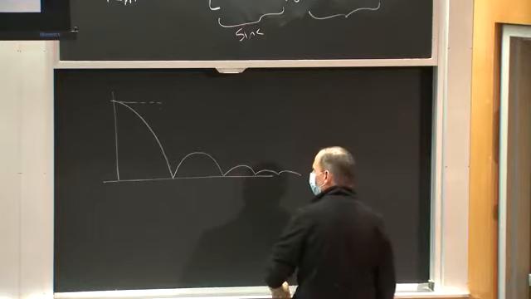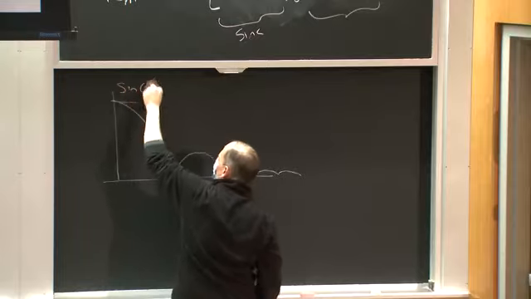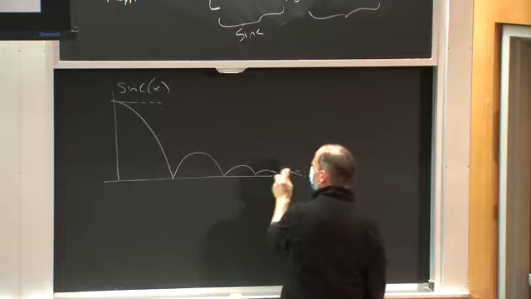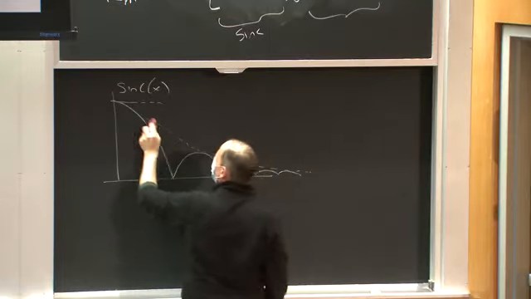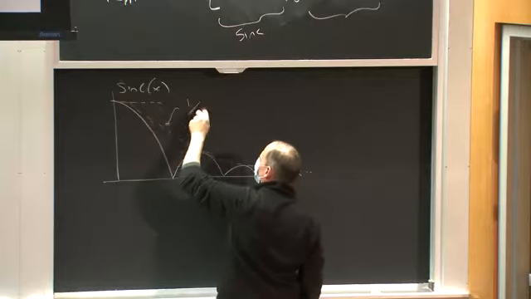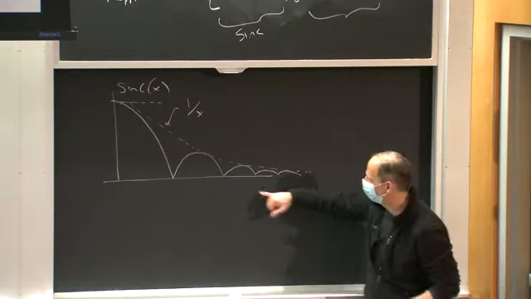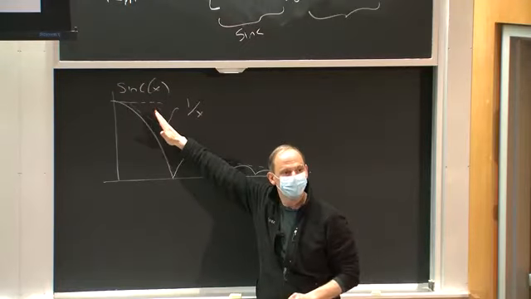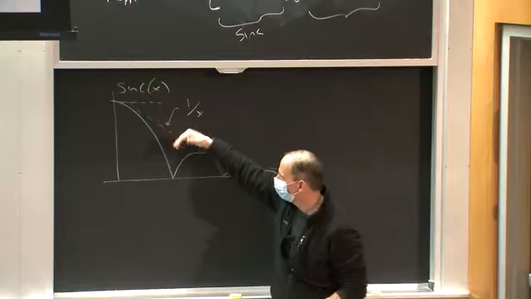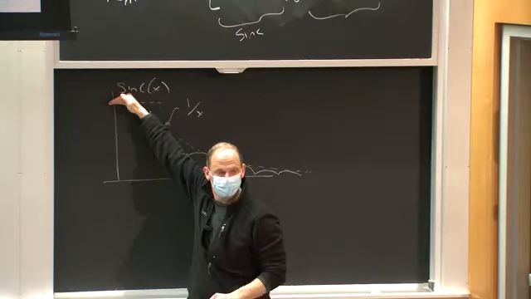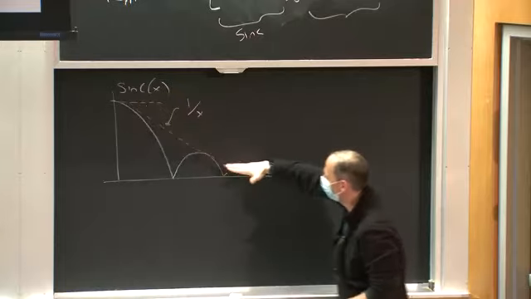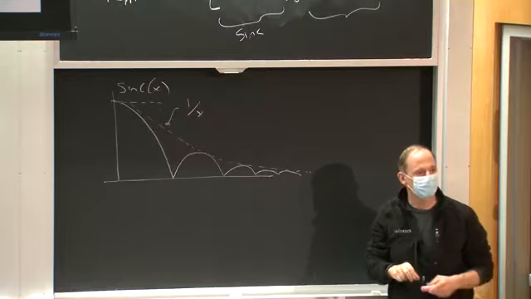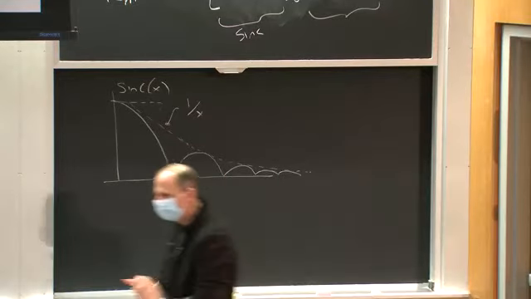Above x equals 1, if this is sinc of x, you get an asymptote that goes as 1 over x. So what I'm looking at isn't the actual value of the sinc function at any point, but what does the envelope of the peaks of the sinc function do? Does that make sense to everybody? So at low frequencies, it's constant, and at high frequencies, it falls off as 1 over x, whatever x is. And we have the product of two sinc functions for our waveform. Okay? So what does that mean?